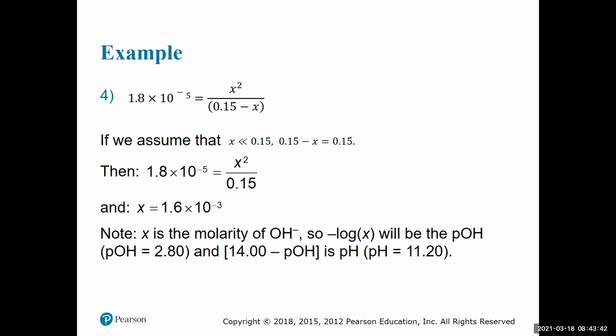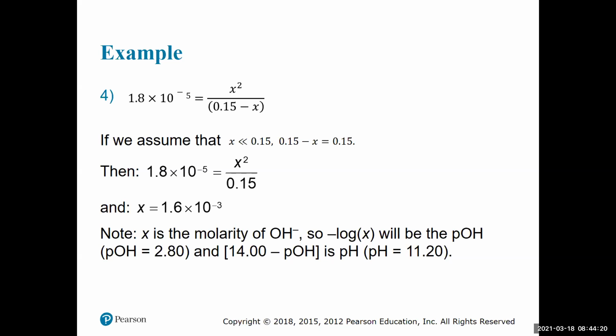Just as we did with the weak acids, by definition, if something's a weak base, the amount that's going to be lost from what we started with, in this case the 0.15 minus x, is going to be relatively small. So what I'd like you to remember is if the problem involves a weak acid or a weak base, don't worry about using the quadratic equation. If it doesn't involve one of those, then you have to use the quadratic equation.